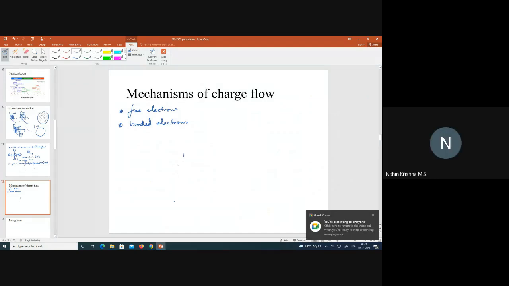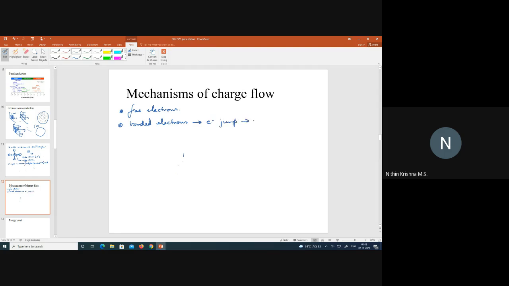Bonded means one electron will be in the bonded atoms. So when the electrons jump from one place to another, between the atoms, there will be vacancies created in the bonded atom.